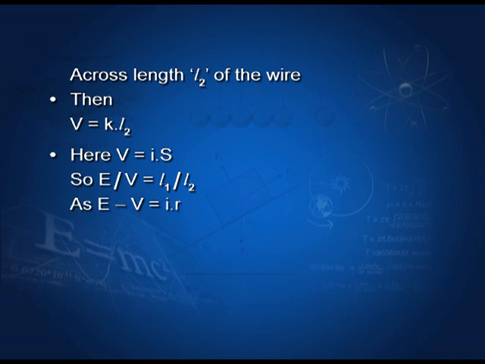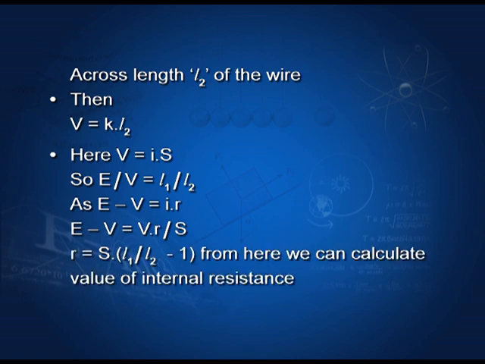As we know, E minus V equals I into small r. Substituting the value of I here, we get E minus V equals V into r upon S. Again, substituting the value of E upon V, we get small r equals S into (L1 upon L2 minus 1). From here, we can calculate the value of the internal resistance of the cell.